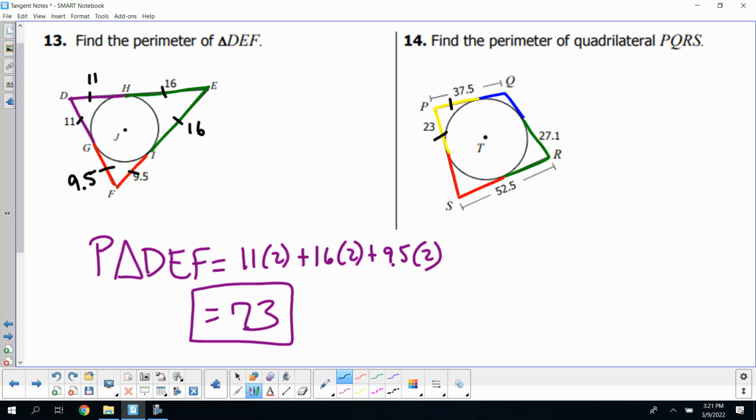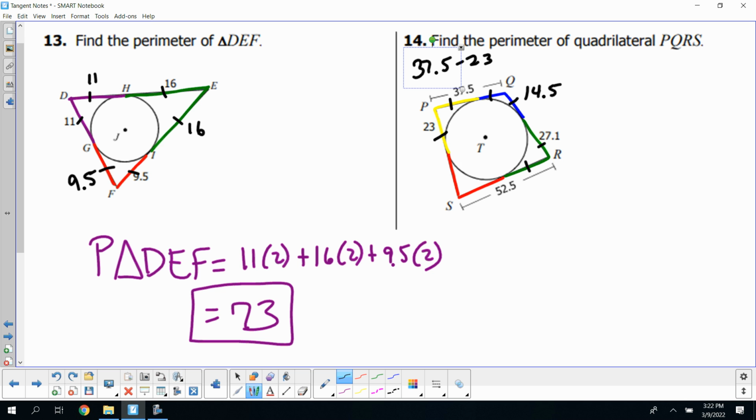Knowing that is going to help me figure out what my blue segments are going to be. So we do 37.5 minus 23, and that's going to get me 14.5. So the blue segments are both 14.5. Now, the green segment is 27.1, so that means this one is also 27.1.